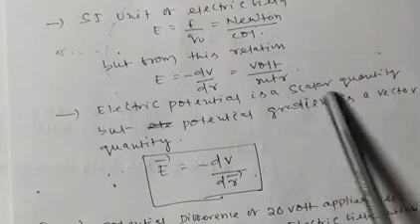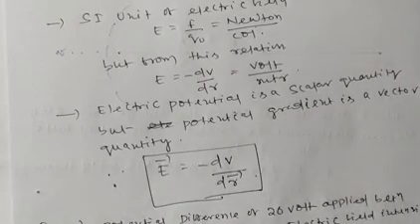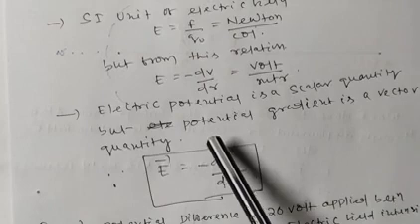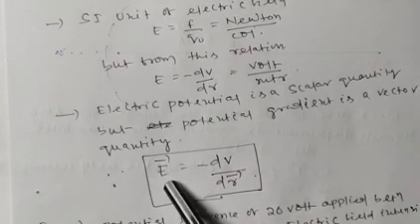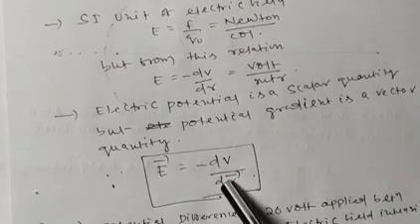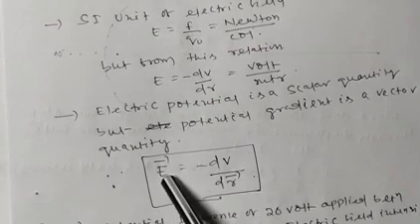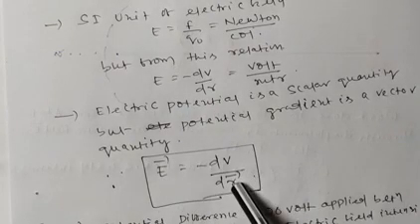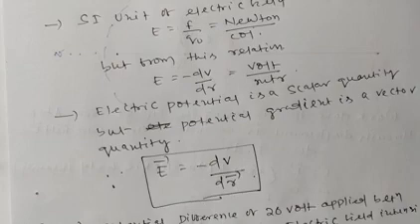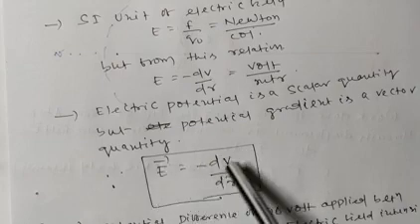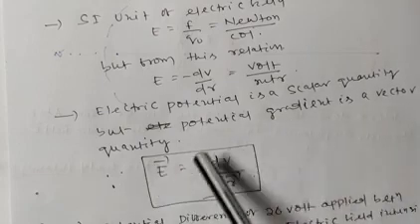Electric potential is a scalar quantity, we know it before. But from this equation we can represent the electric field as a vector quantity. Here E is a vector, and r is a vector, but V, the potential, is a scalar. In spite of potential being scalar, the potential gradient is a vector quantity.